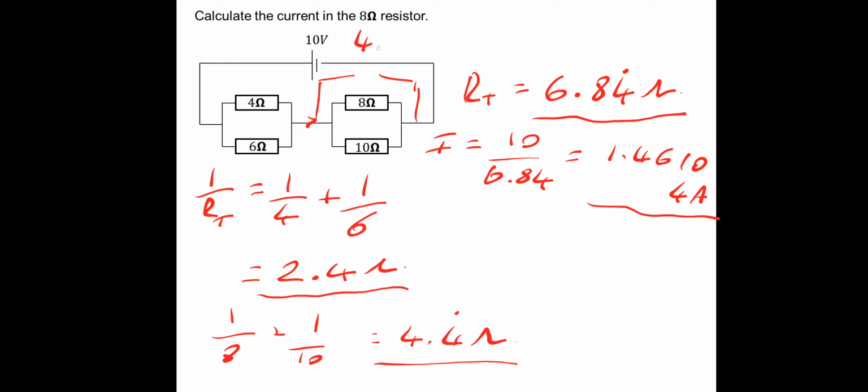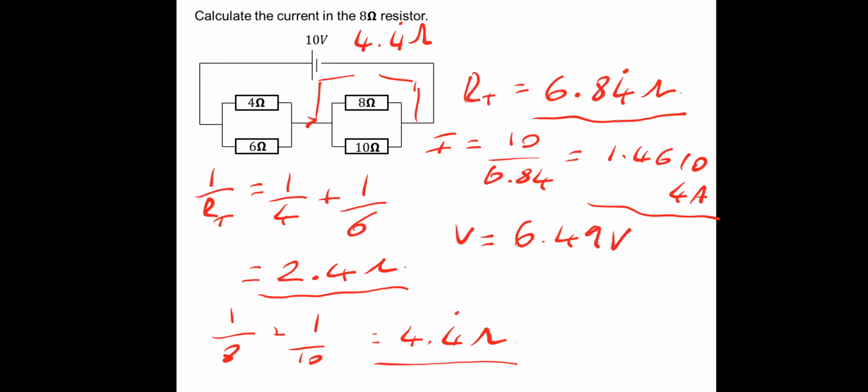I'm just going to write this at the top. 4.4 recurring ohms. And we've got the total current. So we can get the voltage by just doing I times R. So the voltage of that parallel section is the current, the 1.46104, multiplied by the 4.4 recurring ohms, which is 6.49 volts.